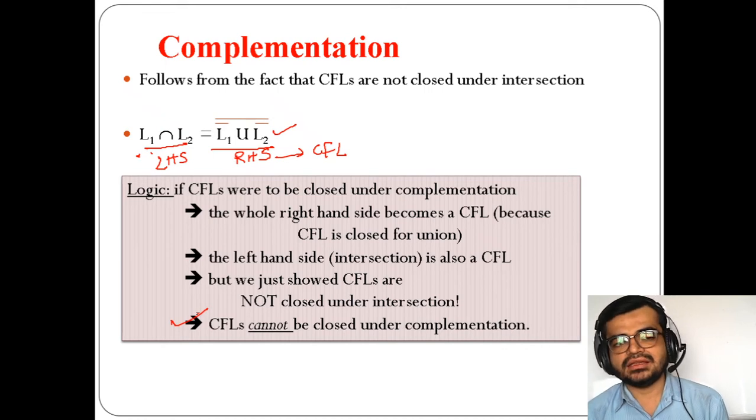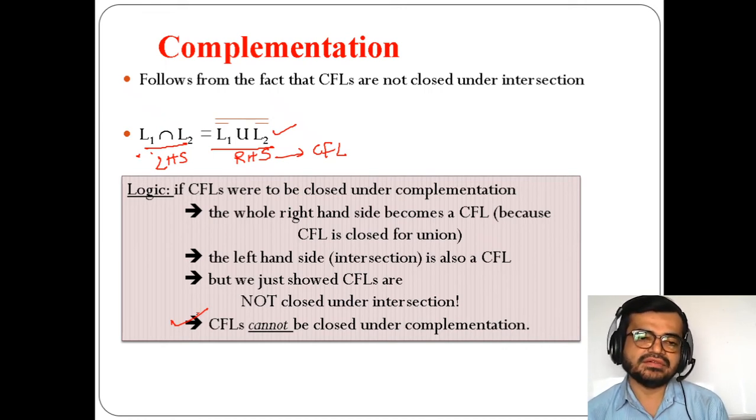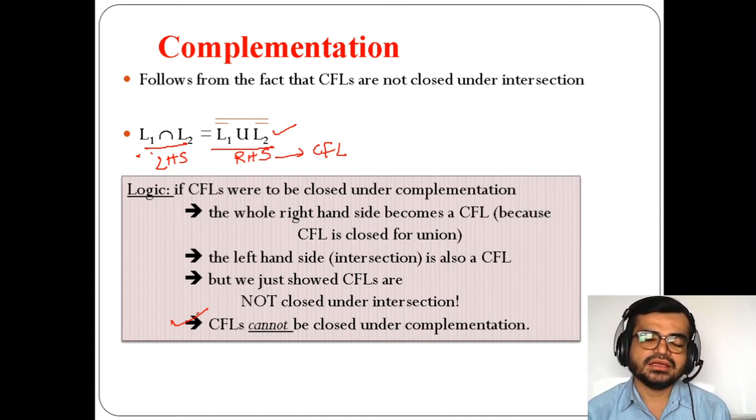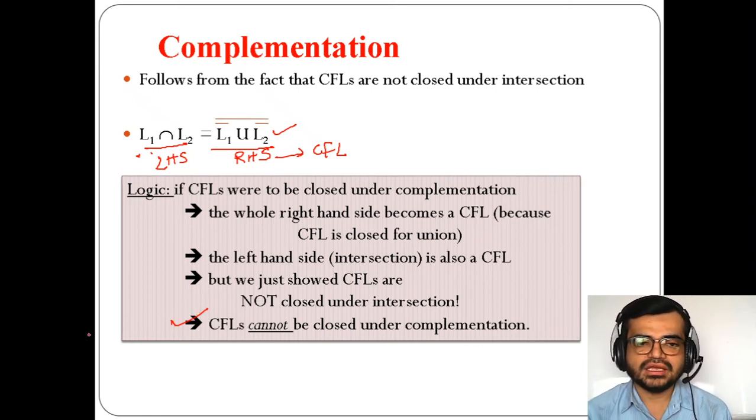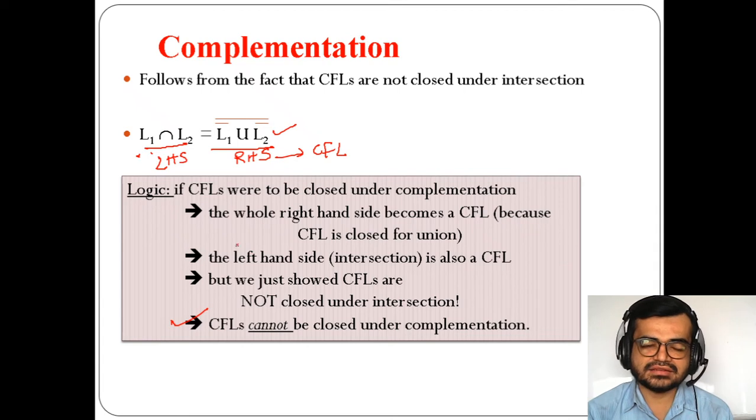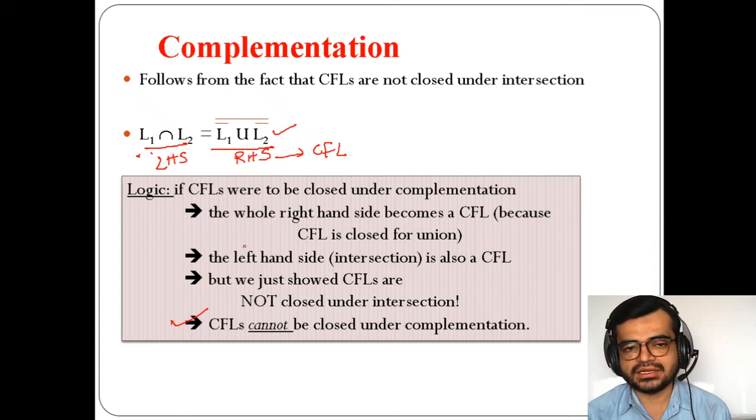Understand, we have taken it in a reverse way. We need to prove that CFL is closed under complementation, so we assume that, and we take the property of L1 intersection L2, and the right hand side with the help of union and complementation.